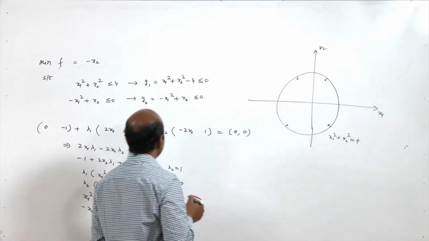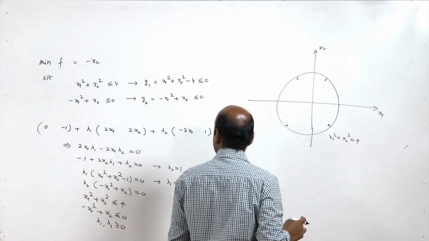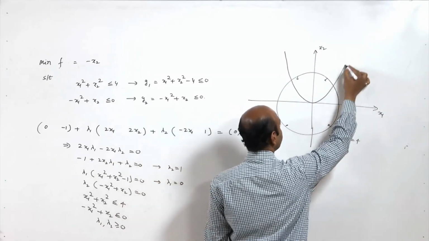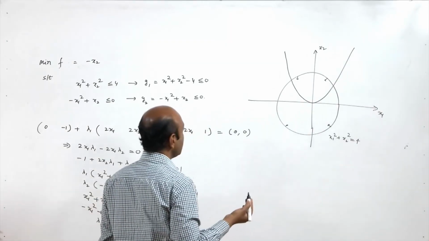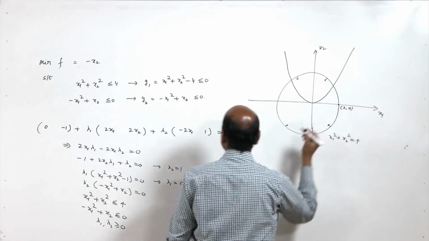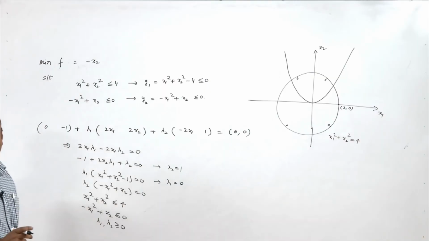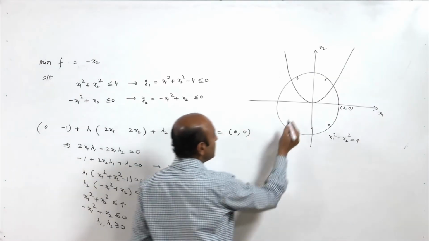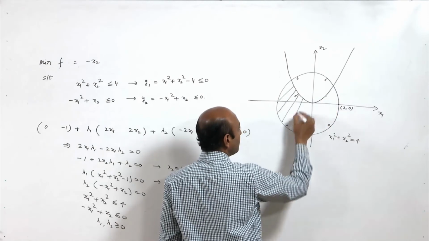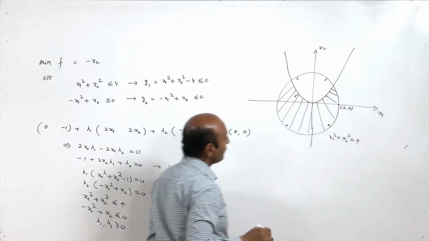Now, the second constraint is the parabola x1 square equal to x2. And when you take a point, say 2 comma 0, we get minus 4 plus 0 is less than or equal to 0, it holds, that means the shade is outside the parabola. So, what is the common region? This is the common region. This is the feasible region.